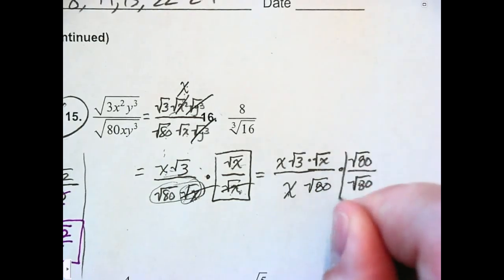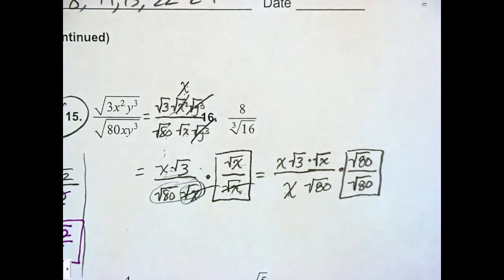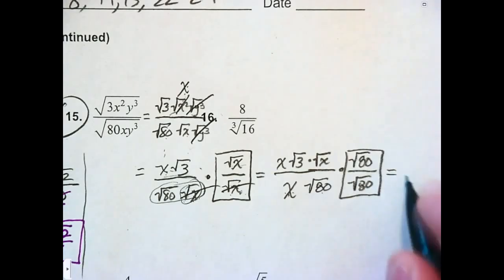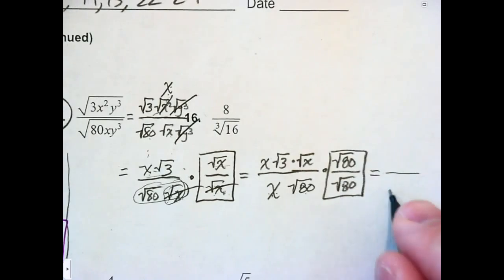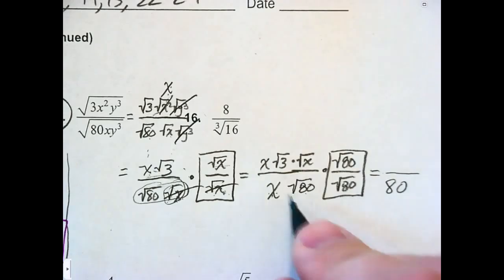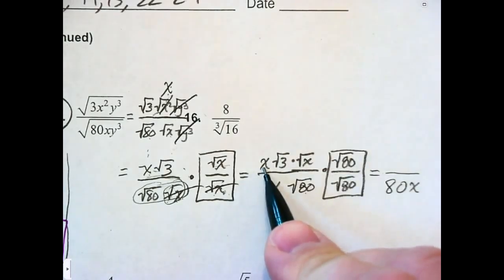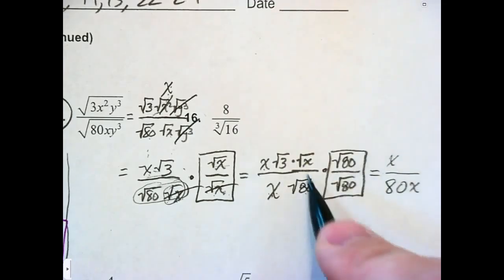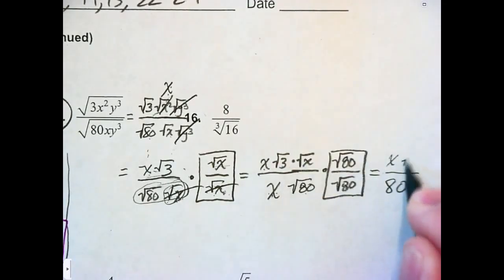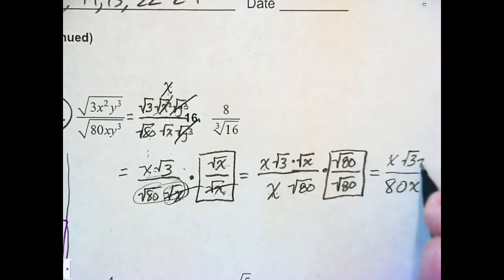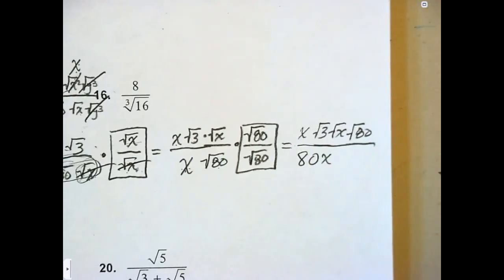Multiply by root 80 over root 80, which gives you root 80 squared, which is 80. So on the bottom now, you have 80 and x. On the top, you have x, and you have root 3, and you have root x, and you have root 80.